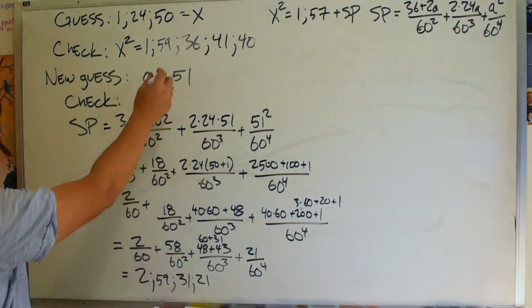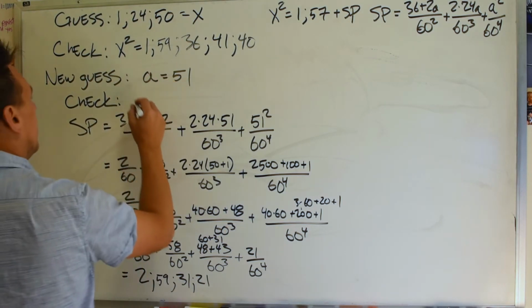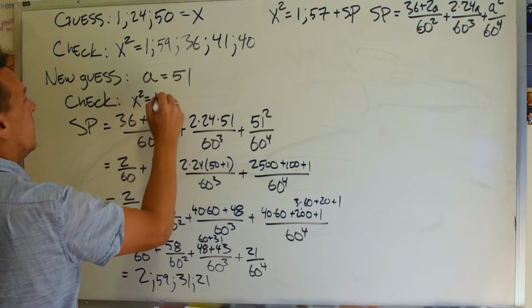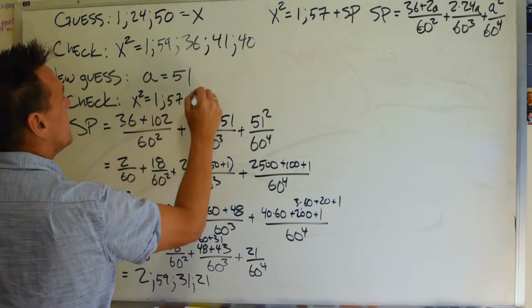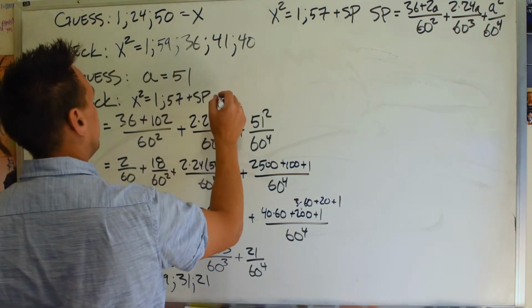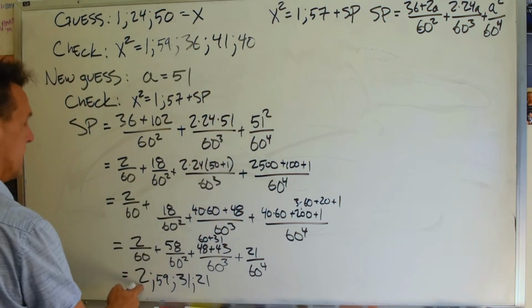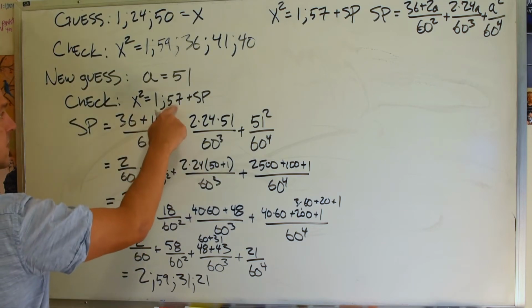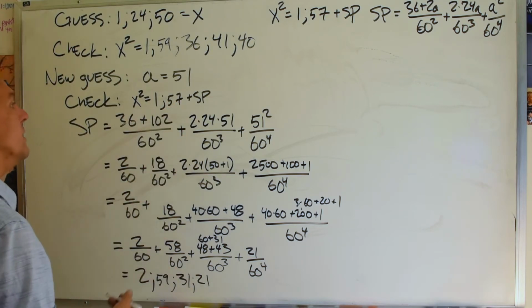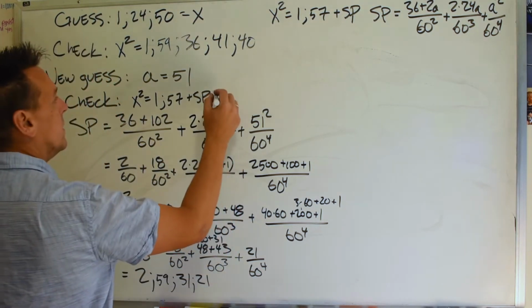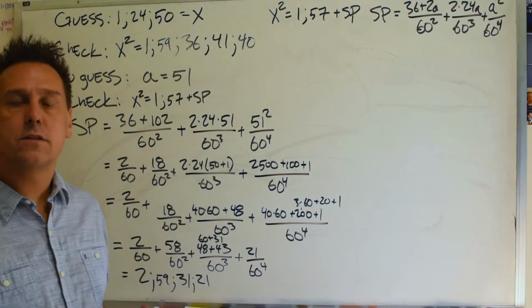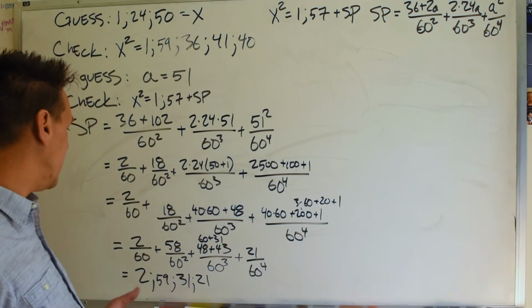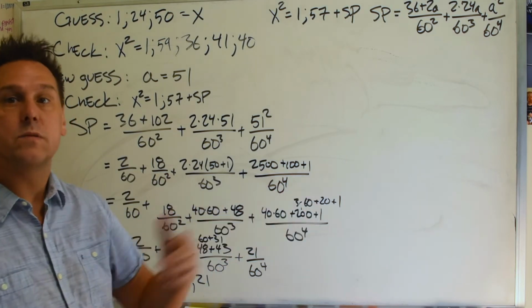Okay. And then I'm going to check, and I'm going to come up here with my small part. X squared equals 157 plus this small part. And if you remember, what place is this? This is the 60th place. So it's that unit, even though I wrote this down without any leading zeros there. And that's in general one of the ways that sexagesimal got by without a zero, is the person doing the calculation would keep track of where they were in terms of the places.